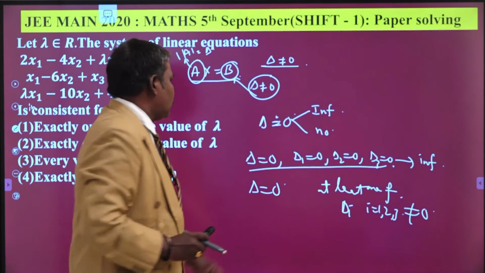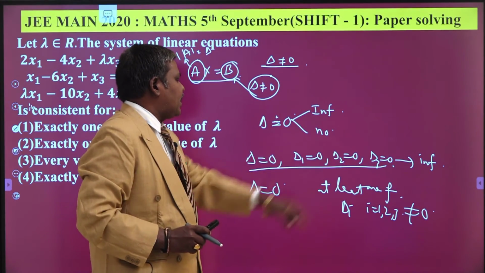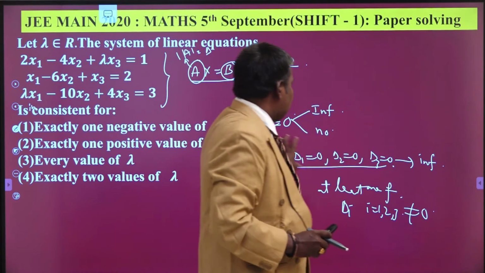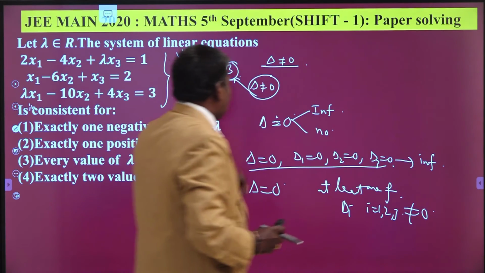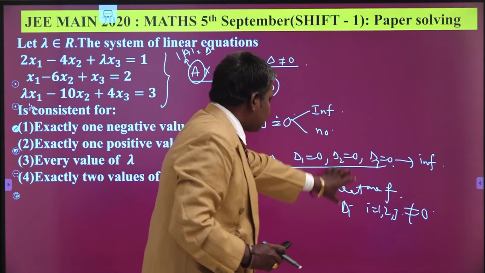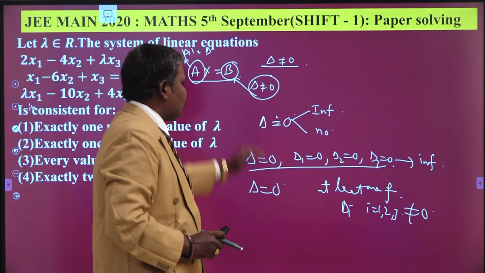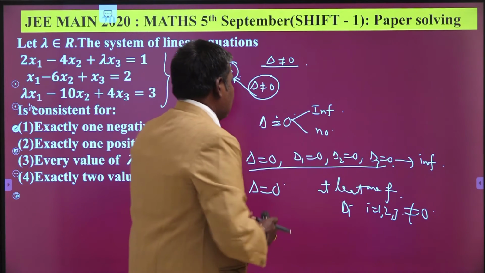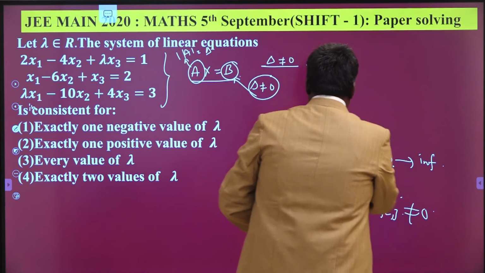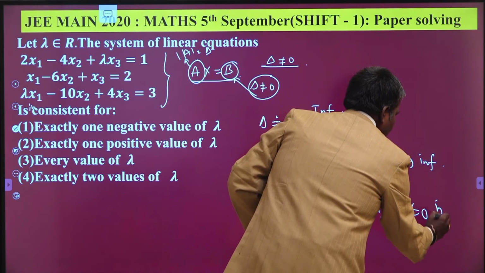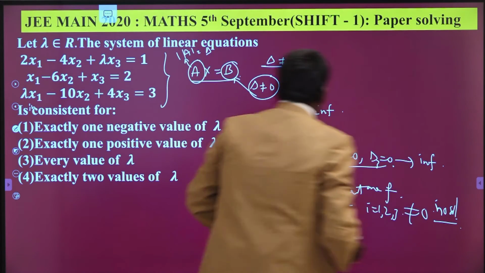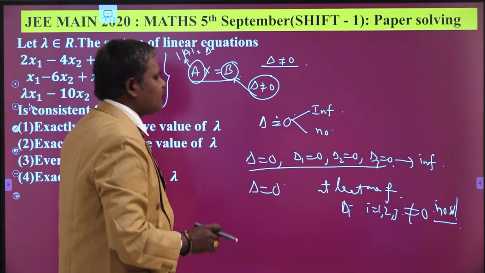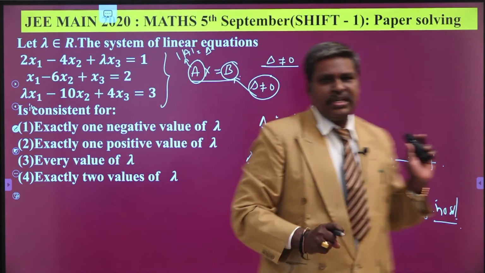If delta is equal to 0 and delta 1, delta 2, delta 3 are all equal to 0, then you have an infinite number of solutions. If at least one of them is not equal to 0 and delta is equal to 0, you have no solution. This is the story about the number of solutions of non-homogeneous equations.